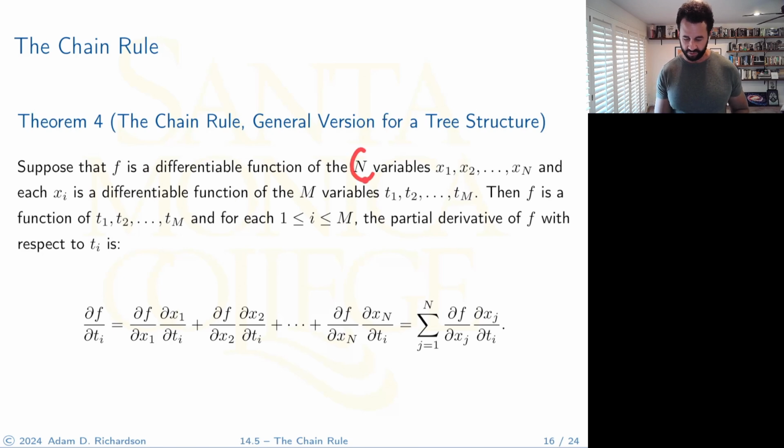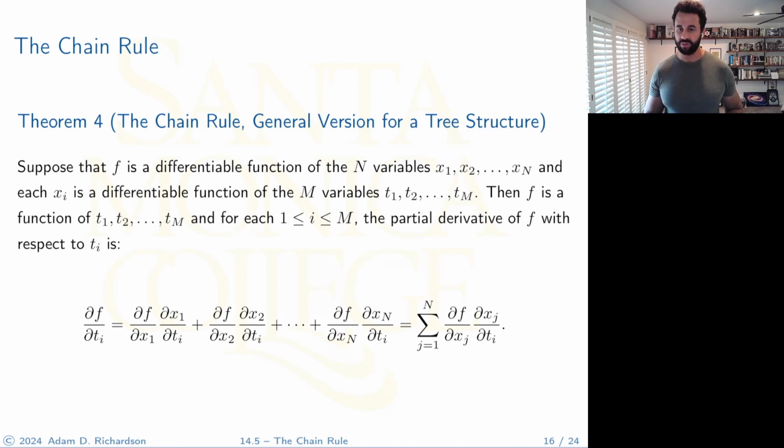So if f is a differentiable function of n variables and each x sub i is a differentiable function of m variables, then f can be written as a function of these m variables. And for each one of these m variables, the partial derivative of f with respect to t sub i is multiplying along the path and adding up the results. More concisely, it's written like this.